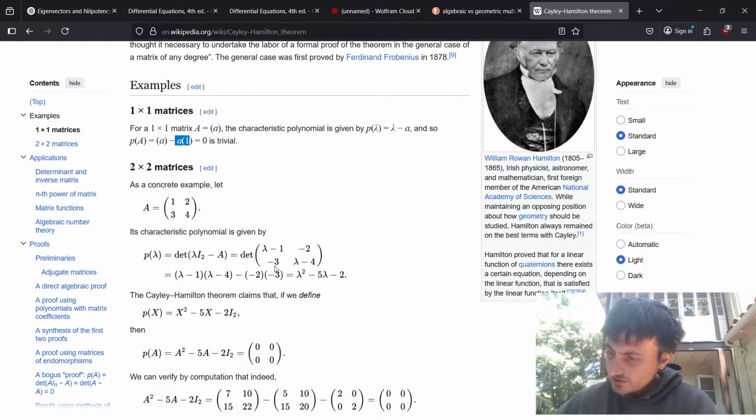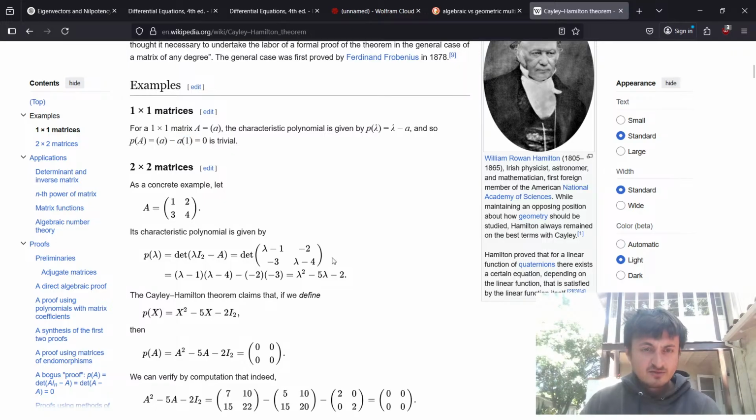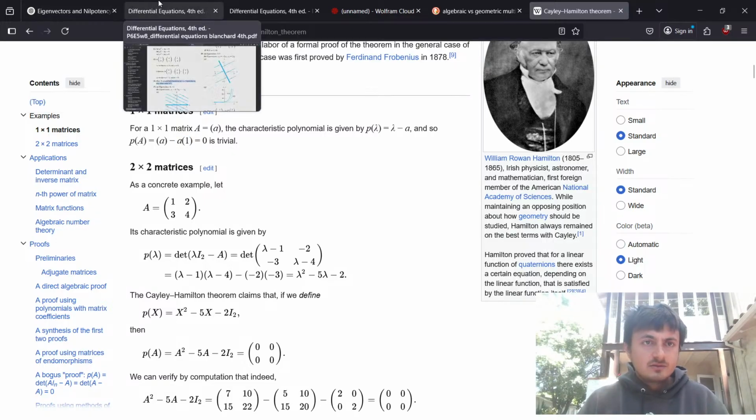Will we not get lambda squared minus 5 lambda plus 10? So wait, they're not equivalent up to a sign though, right?